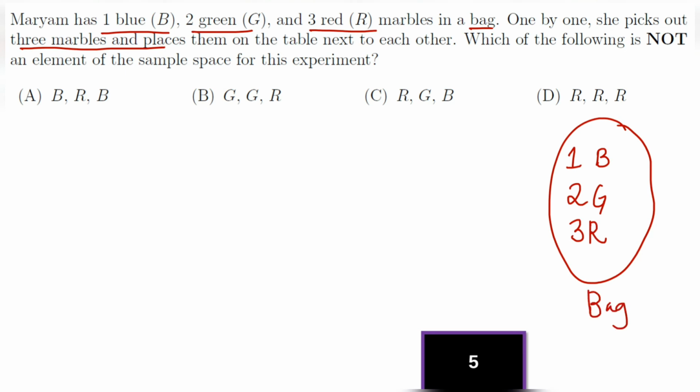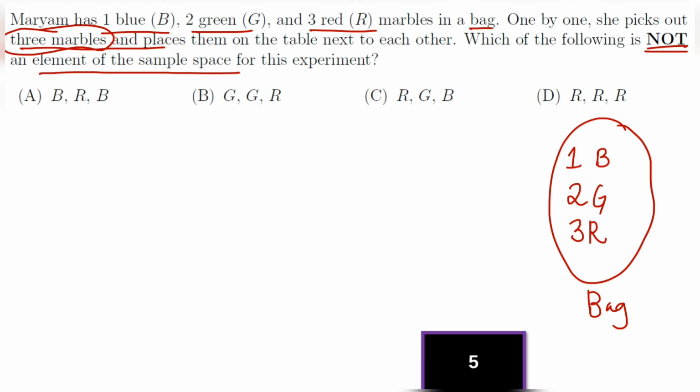So how many is she drawing? She is picking out 3 marbles. So out of these, if you look at the options A, B, C, the question is asking which one is not an element of the sample space. That means which one out of A, B, C and D cannot be a possible outcome. So if you look at the options carefully, let's begin with the first one. This is blue followed by red followed by blue.